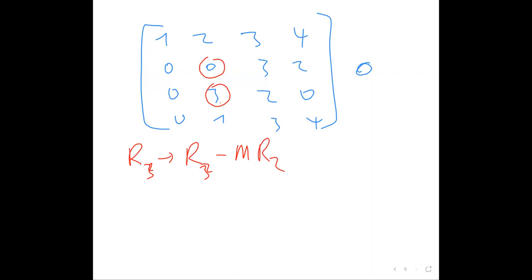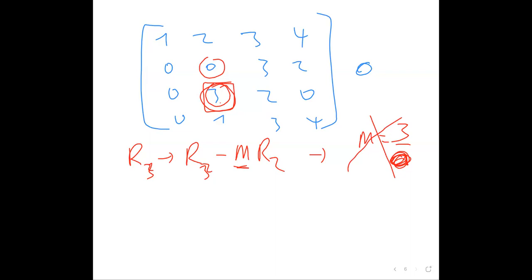What scalar can you take such that you can make this 3 here to be 0? You need this scalar m, which is the element you are looking for divided by the diagonal of the previous row. In this case the diagonal is 0, and the element is 3. So that's the scalar you need, and this scalar you cannot use.